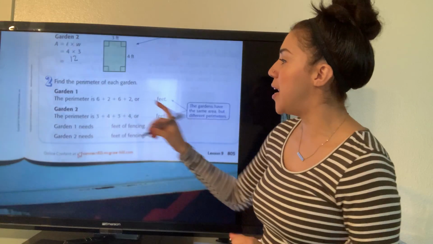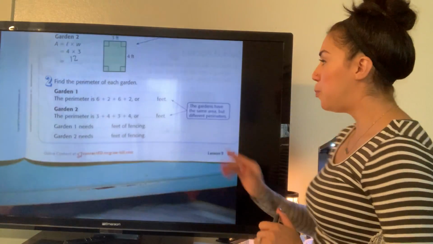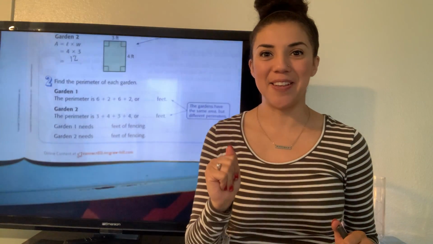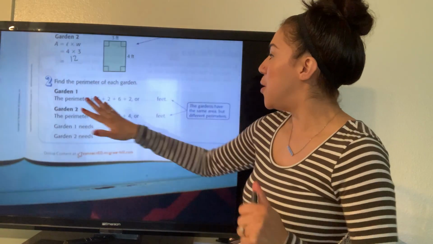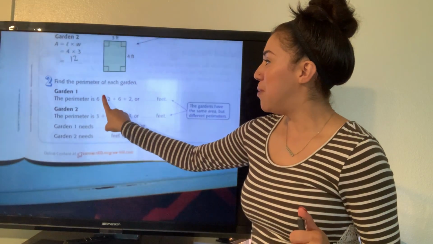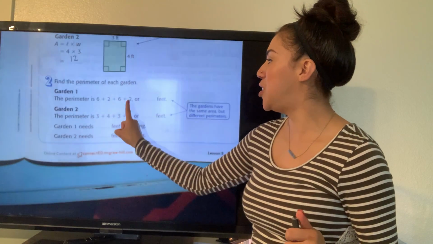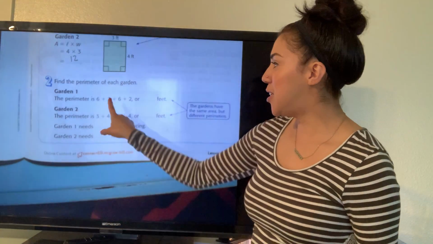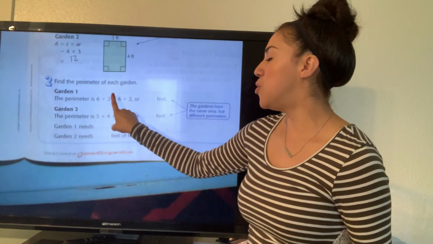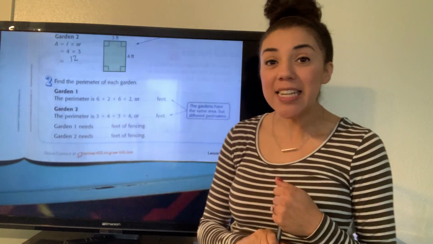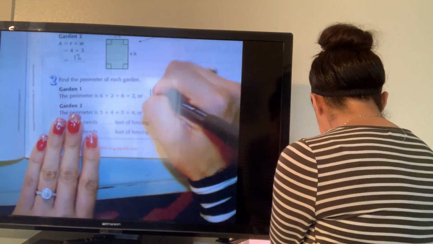So in garden 1, the perimeter, we have 6 and 2, and they're back. So I'm going to try to get through this. The perimeter is 6 plus 2 plus 6 plus 2. I like to add 6 and 6, that's 12, plus 4, so 12, 13, 14, 15, 16, or 16 feet.